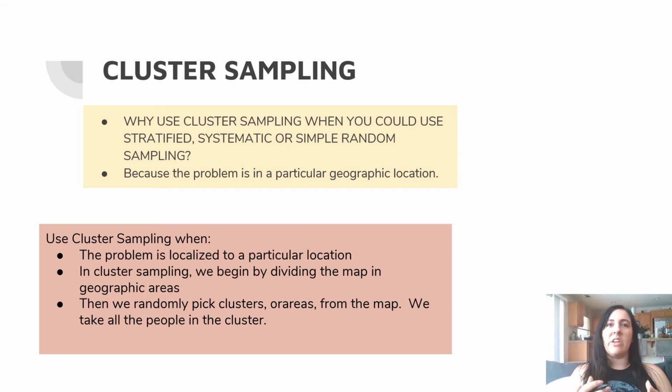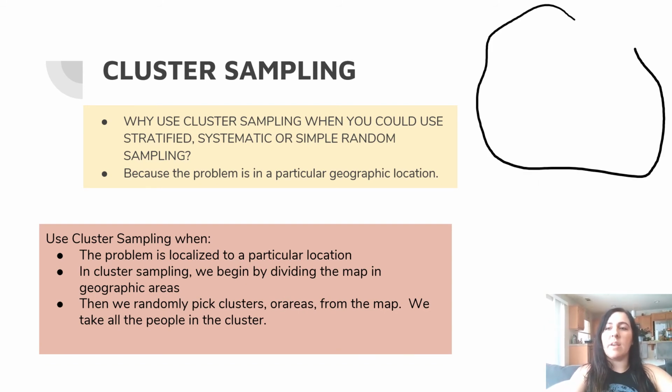You want to do this when you have an issue, a problem happening in a certain geographic location. Okay, so if there's a specific area, let's say San Bernardino County, pretend this is a map of San Bernardino County.